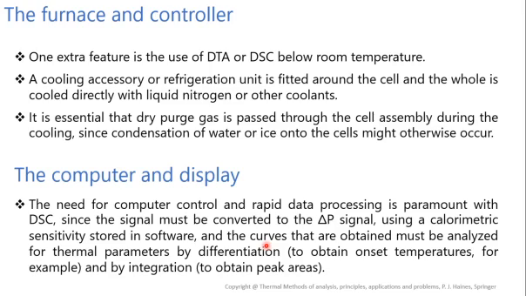Using a calorimetric sensitivity stored in the software, the curves that are obtained must be analyzed for the thermal parameters by differentiation, to obtain an onset temperature for example, and by integration we get the peak areas. So this is the role of the computer and the display.